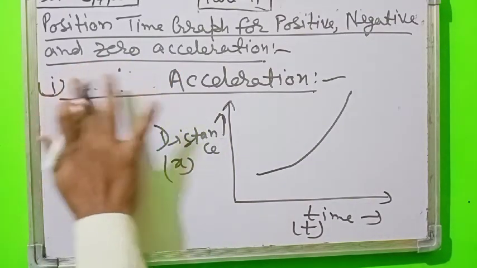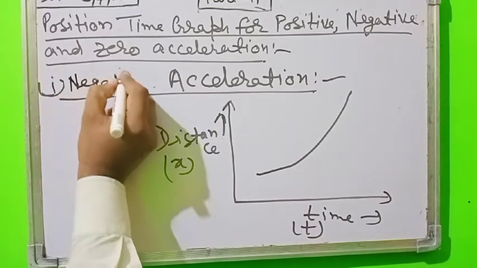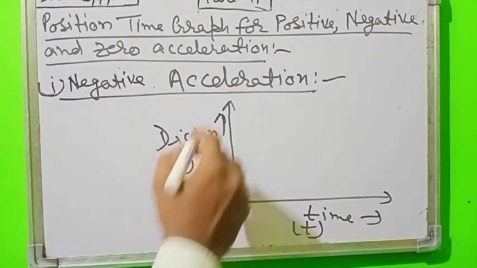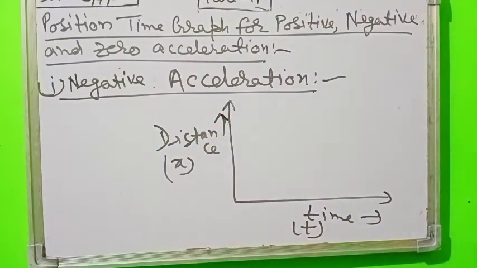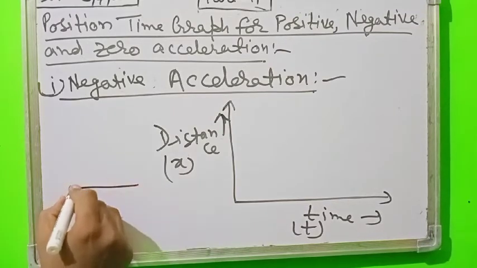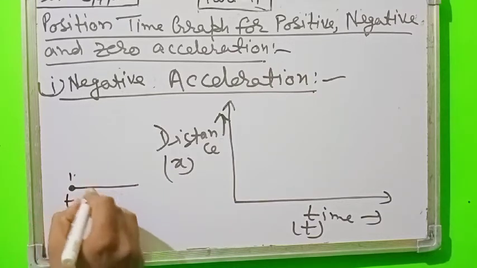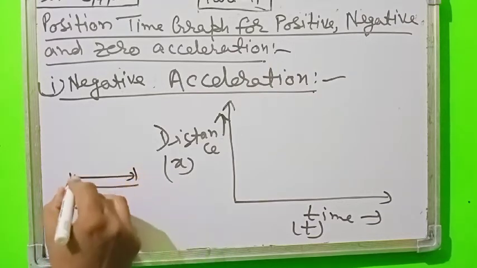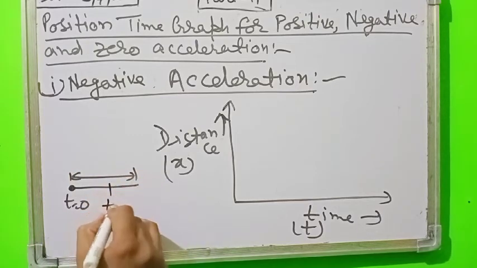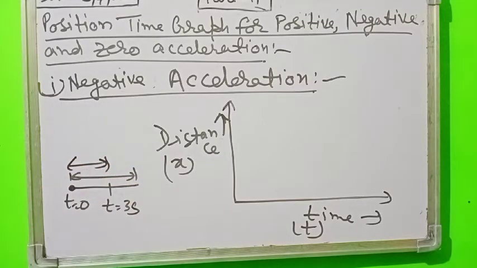Then now we will discuss about negative acceleration. For negative acceleration, what will be the case? Means suppose this is the reference point, and from the reference point at t is equal to 0, the body is at this position, and at t is equal to 3 seconds, the body from the reference point becomes at this position.